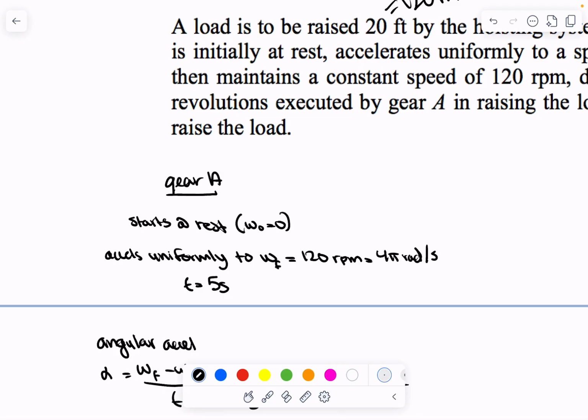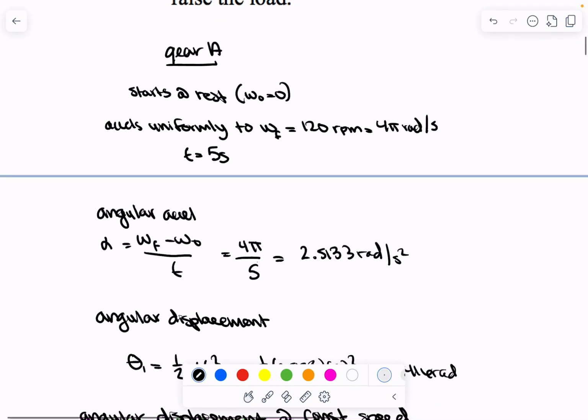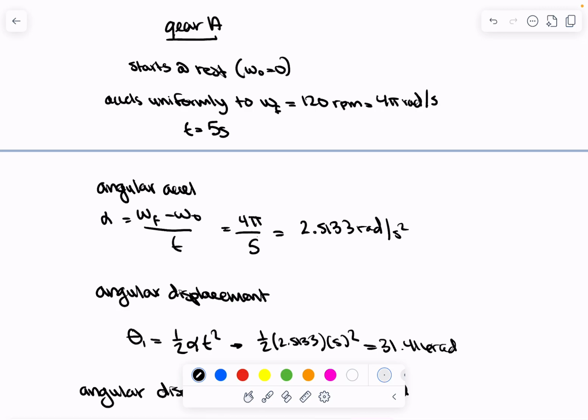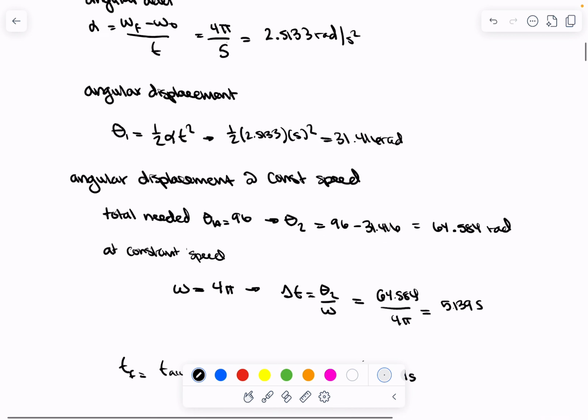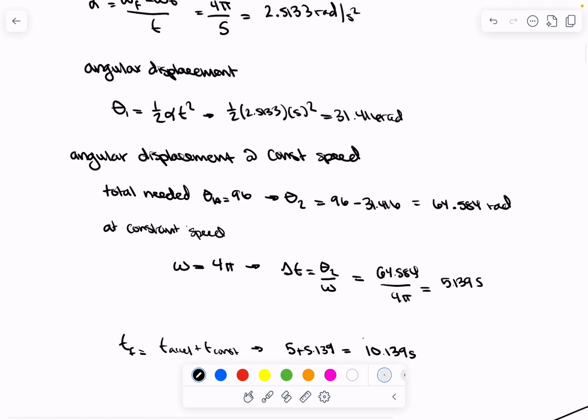and accelerates uniformly to a final angular velocity of 120 RPMs or 4 pi radians over 5 seconds. So angular acceleration is given as this, angular displacement, and the angular displacement at a constant speed, you split it up into 2 different sections, when it's accelerating and when it's at a constant speed. So we're finding the angular velocity at the constant speed, which we already know, and we are just calculating how long it takes for the time.